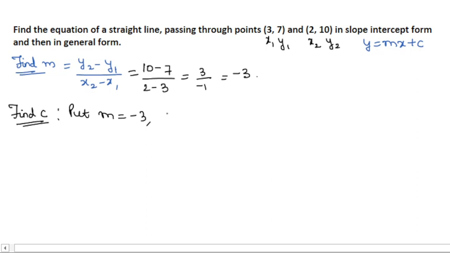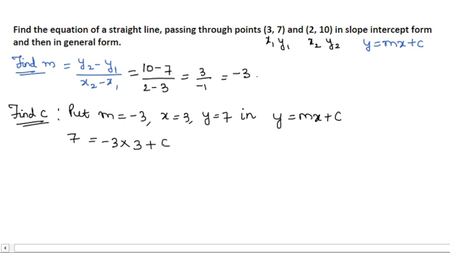So I'm substituting x is equal to 3 and y is equal to 7 in the equation y is equal to mx plus c. In place of y I'm putting 7, so I get 7 is equal to, in place of m I put negative 3, times x I put 3.